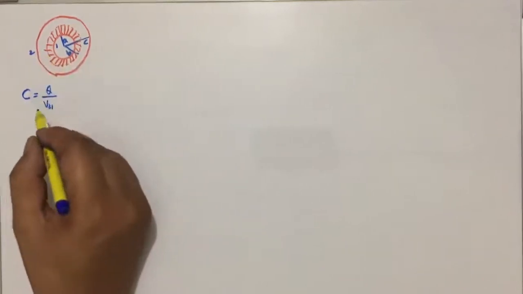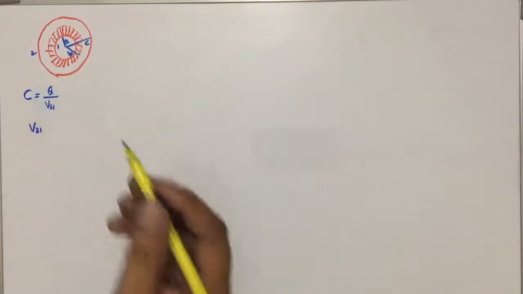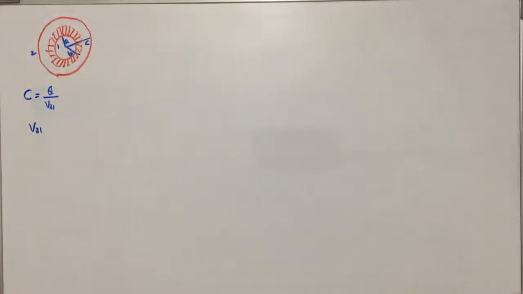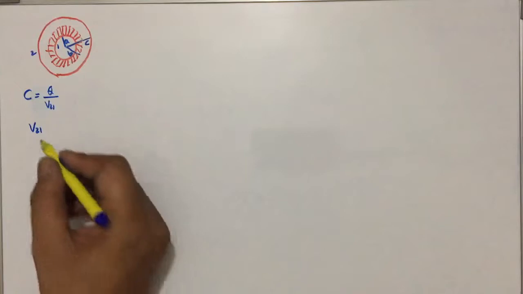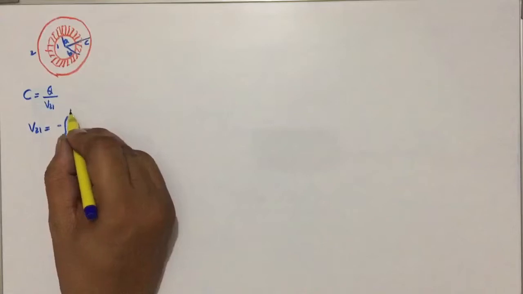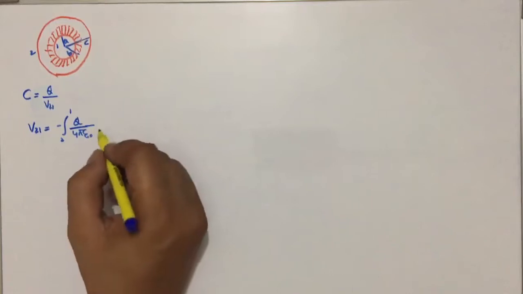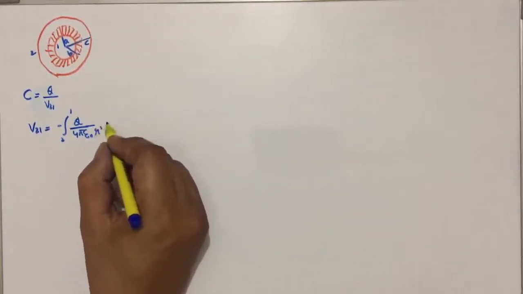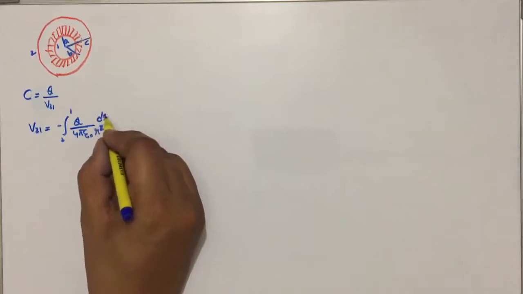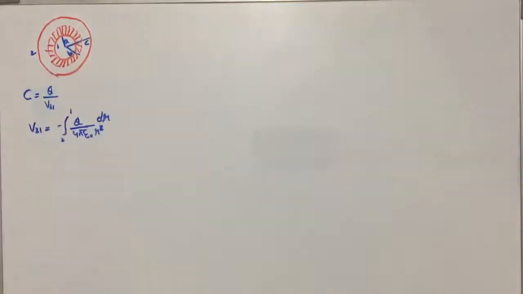To find C, V21 is important, and V21 can be found out in a simple way, as we have followed in previous cases: 4 pi epsilon naught r square dr. We are not going to derive again, we will just take it from the previous one. This was the derived final formula.